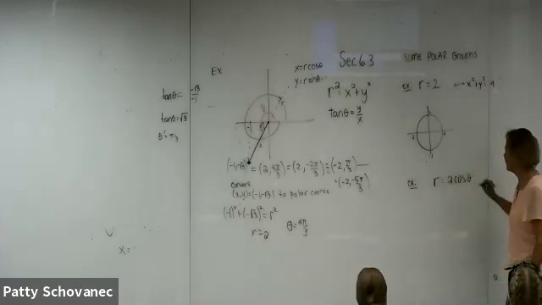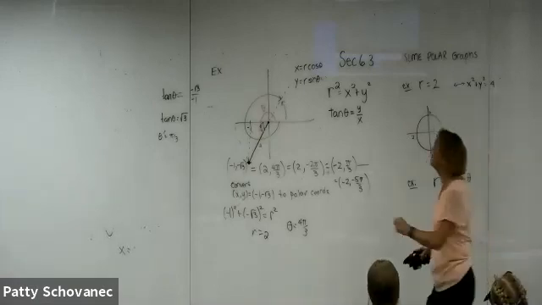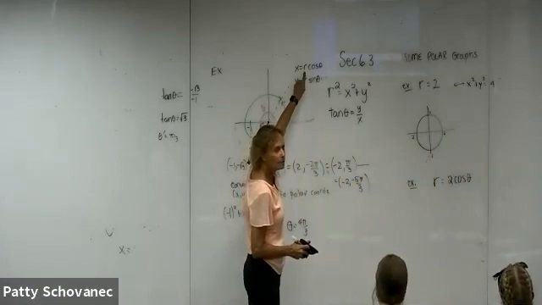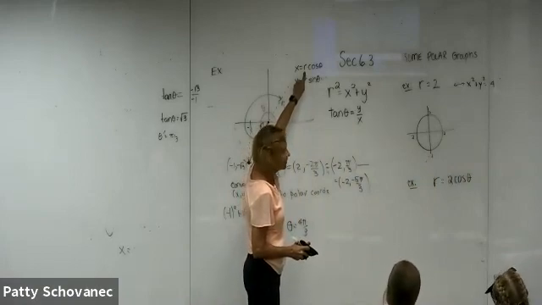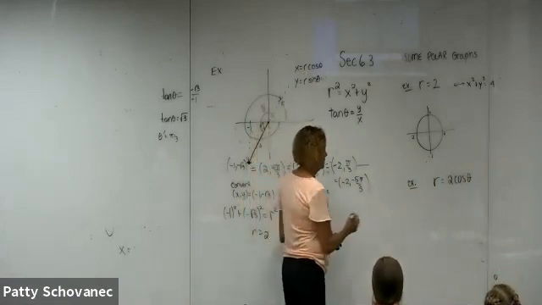I want you to see what this looks like if you convert it to rectangular coordinates. r is equal to 2 cosine theta. This time, instead of squaring both sides, I'm going to multiply both sides by r. You get r squared is 2r cosine theta.